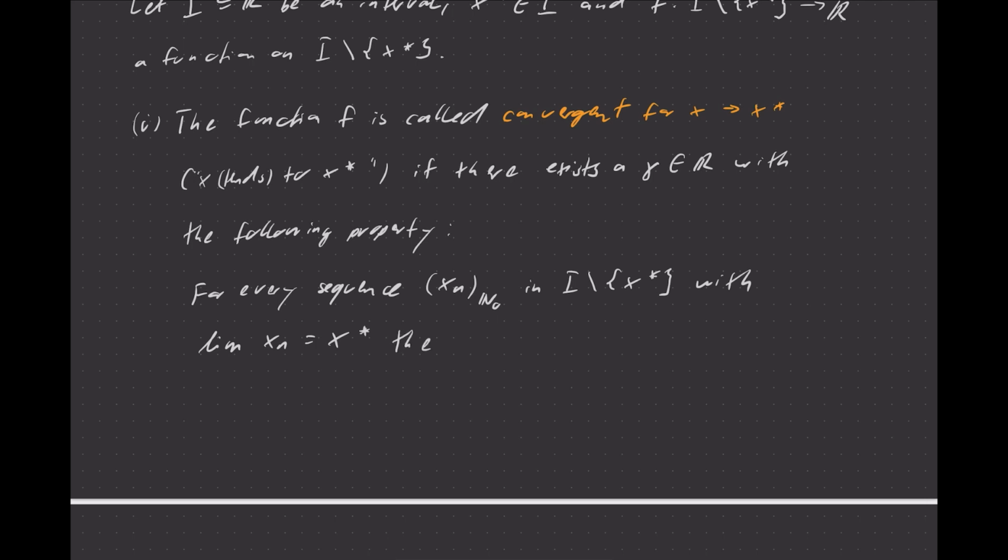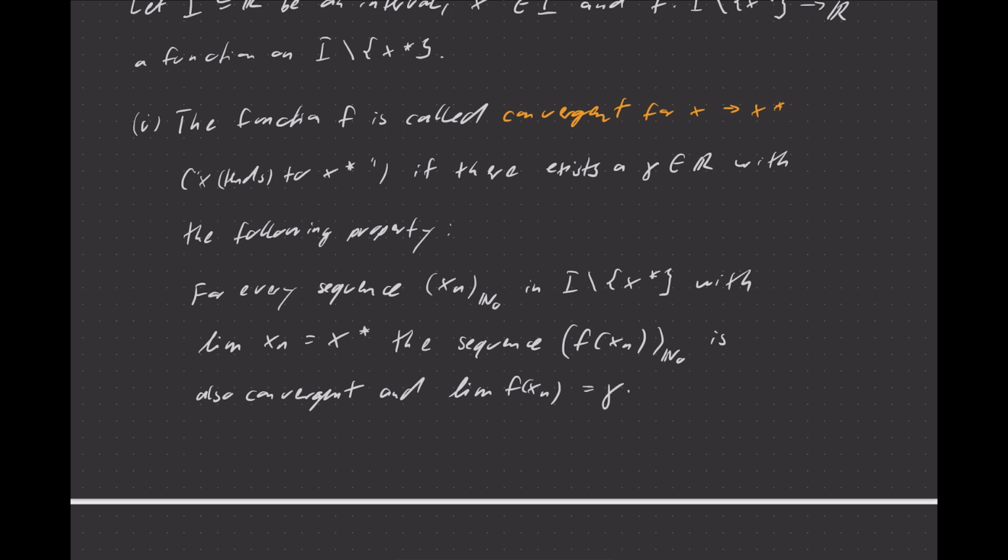If we have such a sequence, we can define a new sequence by just taking the function values of xn. So we define a sequence f of xn. And we want this sequence to also be convergent. And we want the limit of that sequence to be gamma.